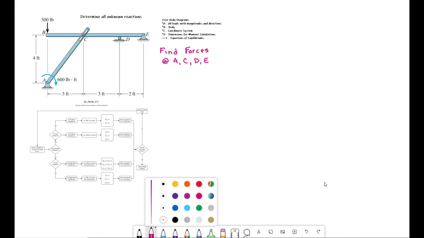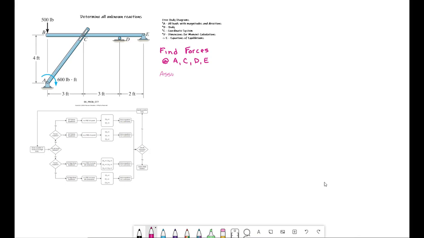There we go. Let's write down that we're assuming 2D rigid body equilibrium.